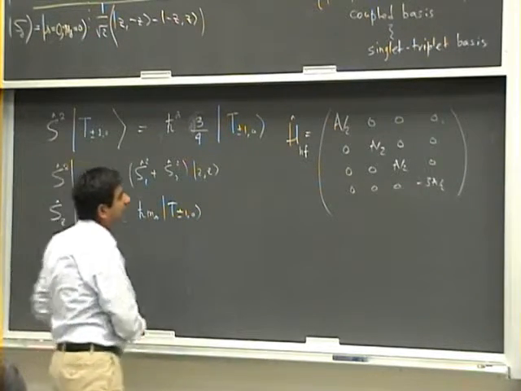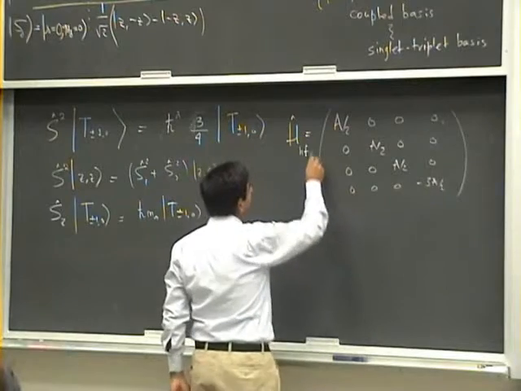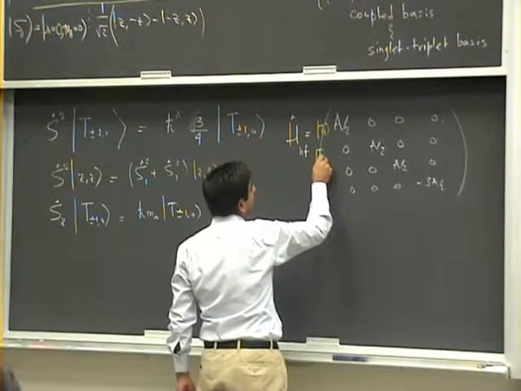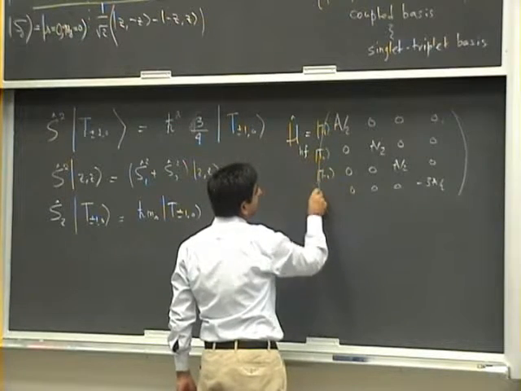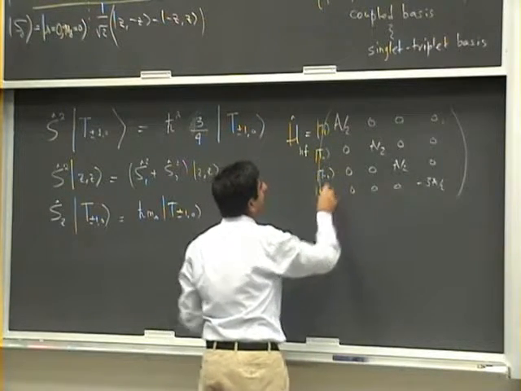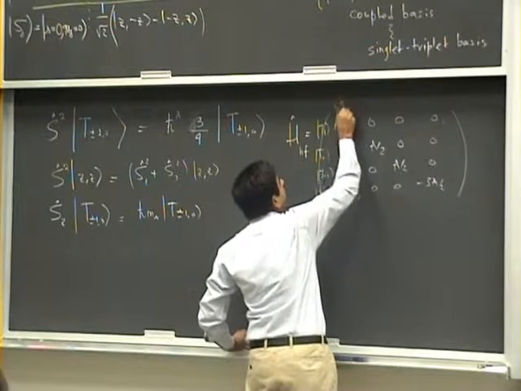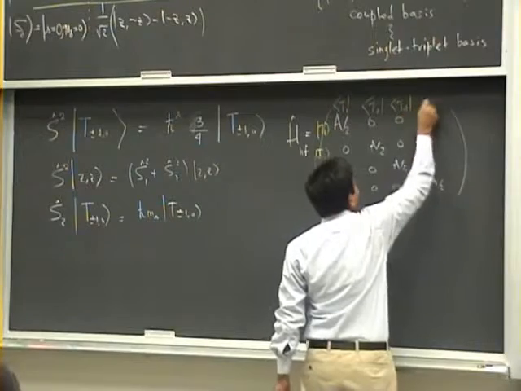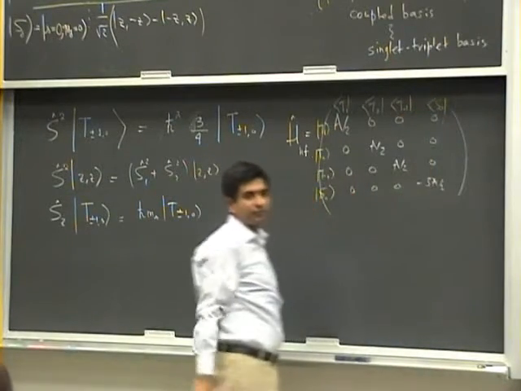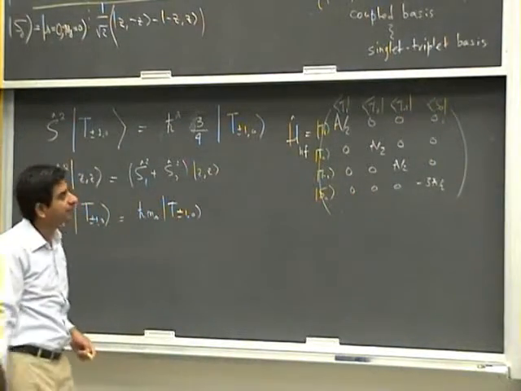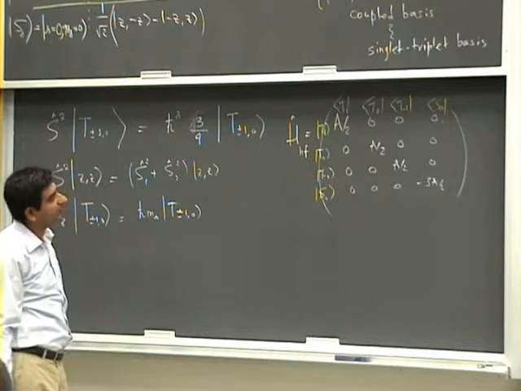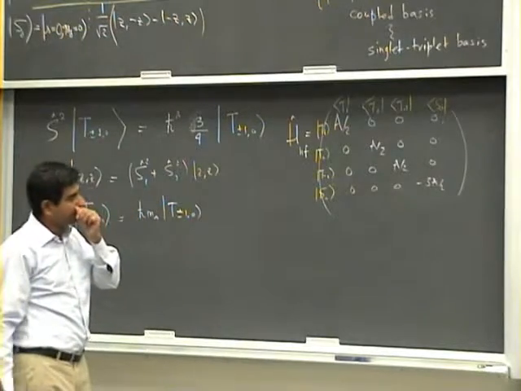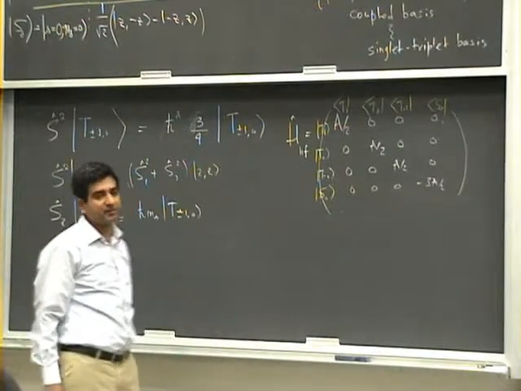where we have ordered the states in the following way. This is T1, this is T0, this is T minus 1, and this is S0. Remember, we also have to choose an ordering of the states when we would like to write any matrix in a particular basis. So in this ordering of states, this is the Hamiltonian. Okay, so the Hamiltonian is diagonalized.